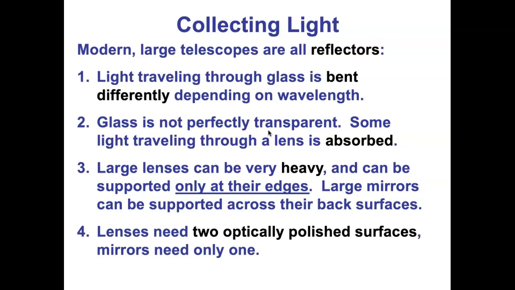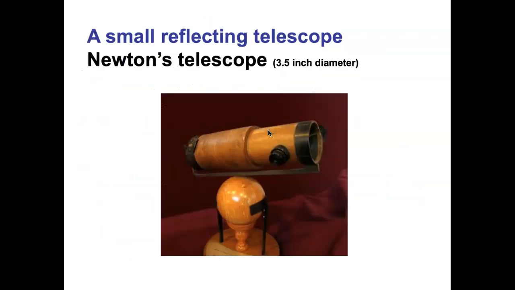So you can make them bigger, lighter, cheaper, and they focus the image better. So basically, if you're a professional astronomer and you want to spend millions or $1 billion making the biggest telescope in the world, it's going to be a reflector. So that's what we've been doing for decades now.